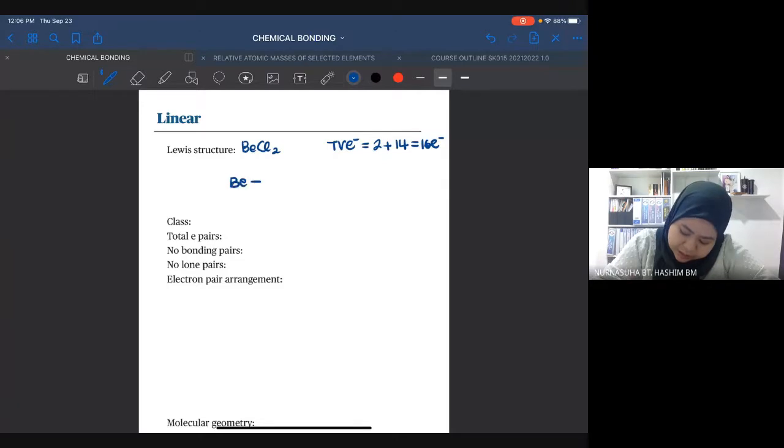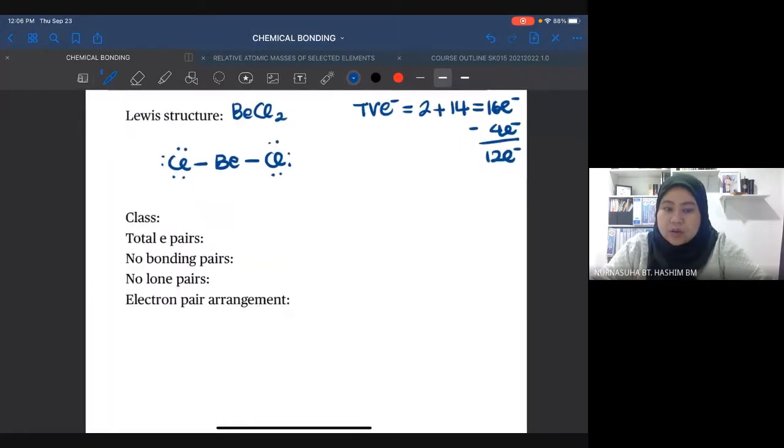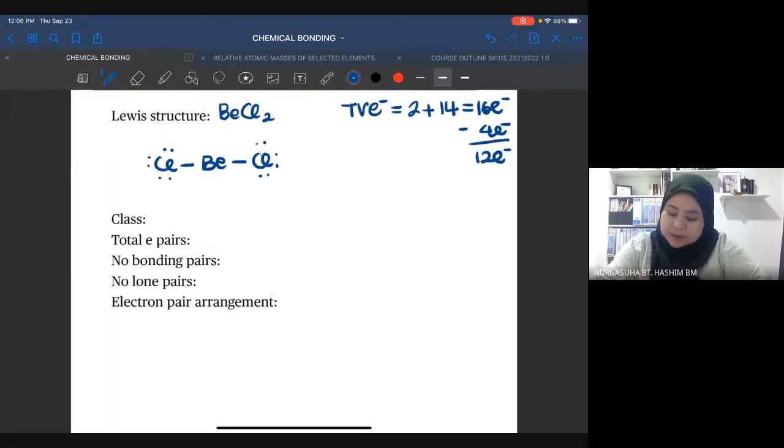Be in the middle, surrounded by 2 chlorine. Okay, so you use 4 electron. Ingat tak madam cakap Be ni tergolong dalam kategori incomplete octet. So basically this is the structure lah untuk beryllium chloride.